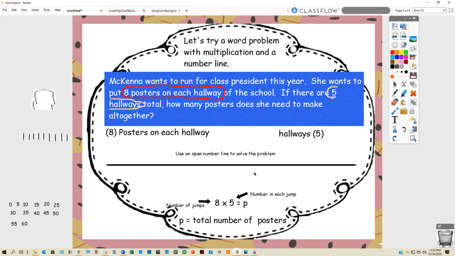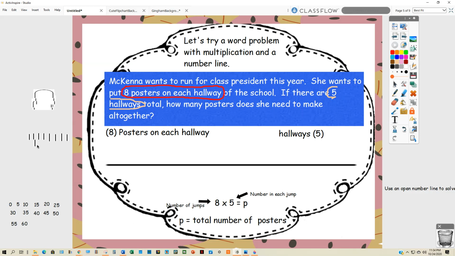The reason we want to use this is it's going to help us save time and not put like 100 tick marks on this number line to be able to solve this problem. Watch what I can do. Since I know that every single jump is going to have 5 numbers in it, I can create this number line to count by 5s to be able to solve this multiplication problem.